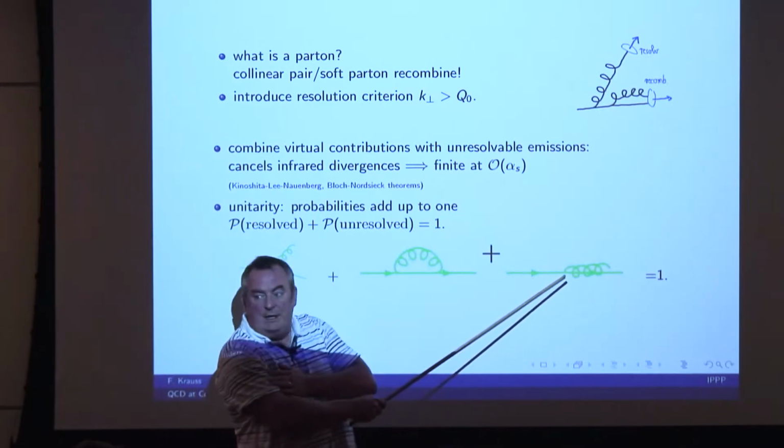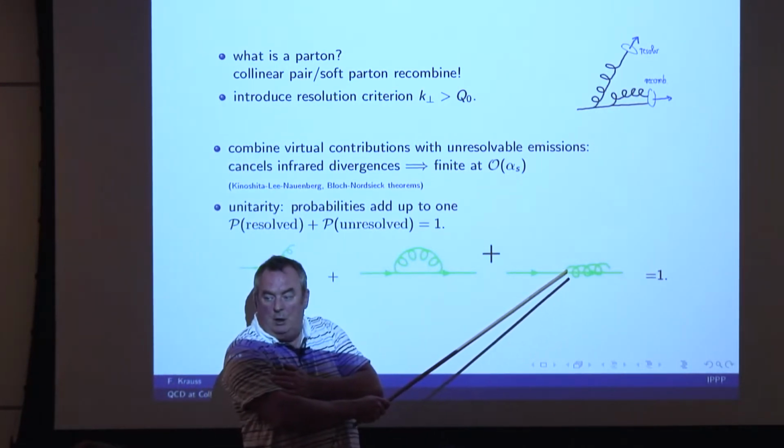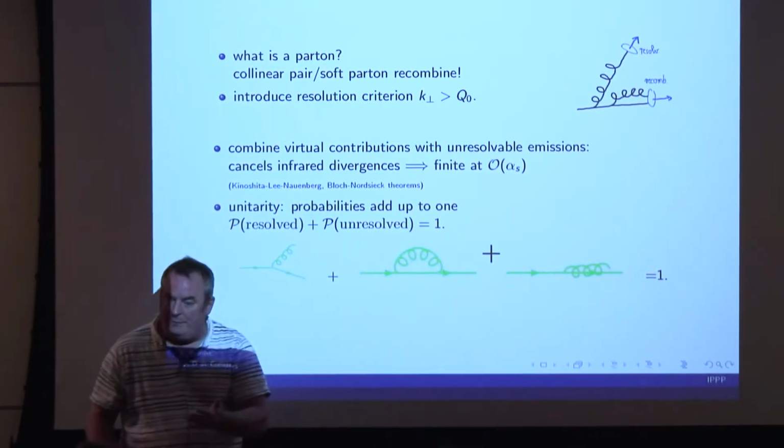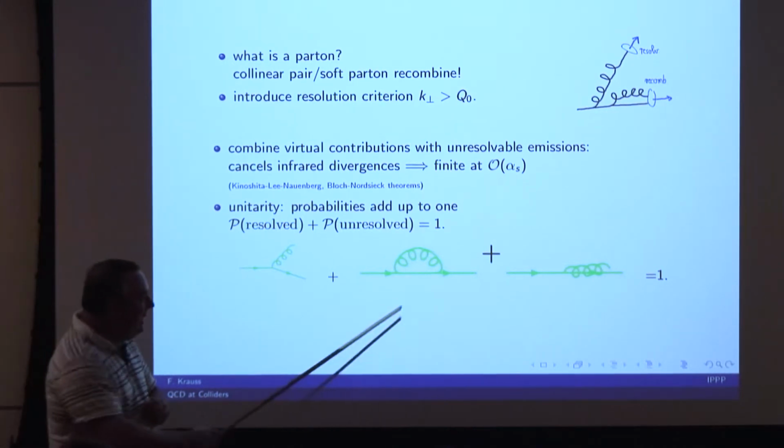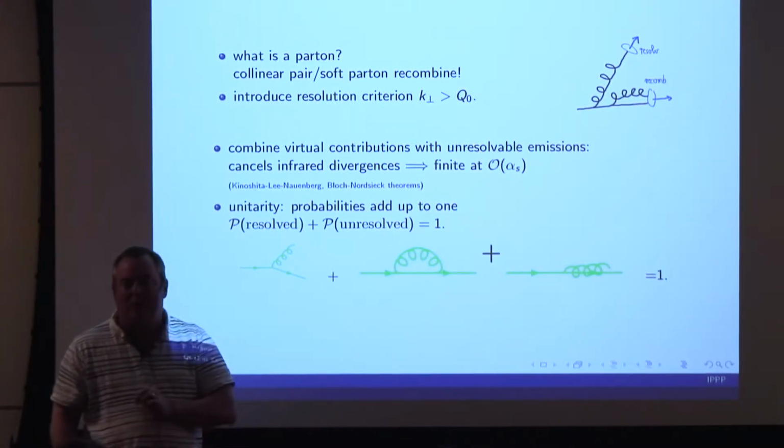This thing here per se is not infrared finite. You have to combine it with this to have infrared finite. That's why I add them. Because otherwise I would have to convince you that I can exponentiate infinity, which is probably not the optimal solution.